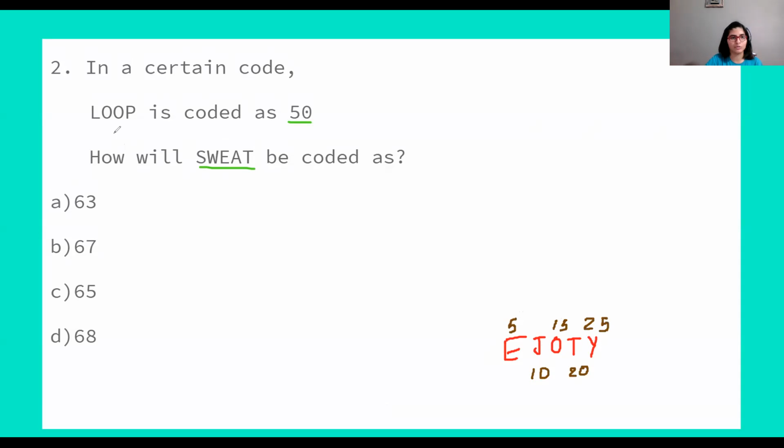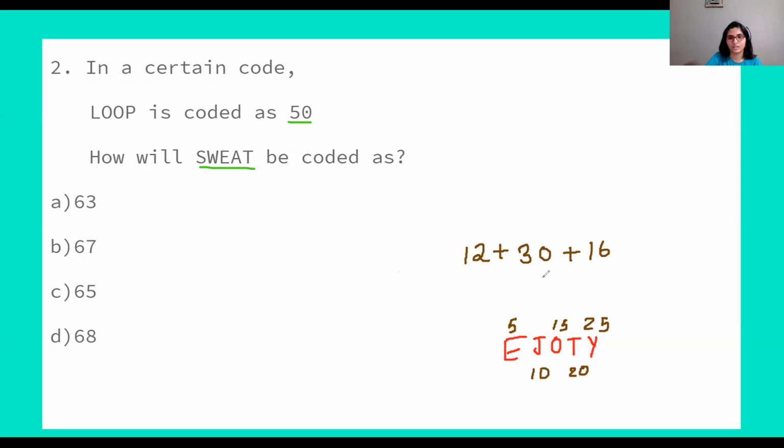So we'll see LOOP. So L is 12, plus O is 15. So 15 plus 15, 30, plus P is, so after O, P comes, so P will be 16.